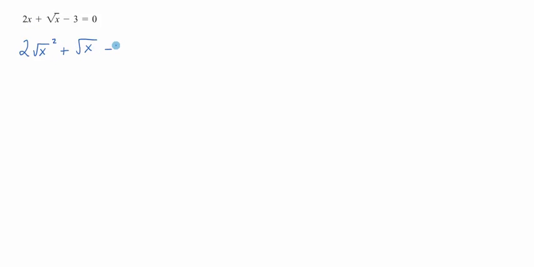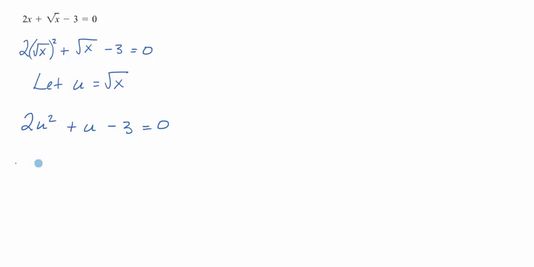Then it's easier to see that we have 2 times something squared plus something minus 3 equals 0. So you let your u equal that square root of x. So 2u squared plus u minus 3 equals 0.